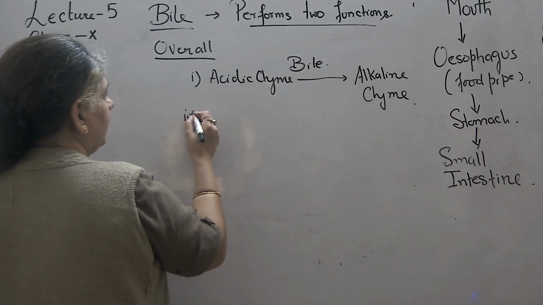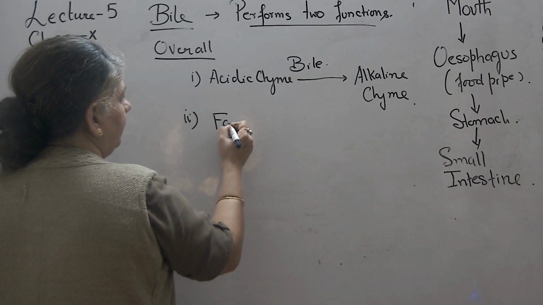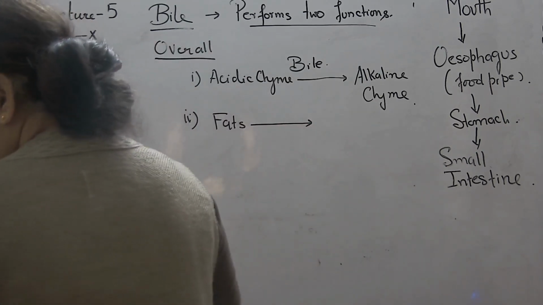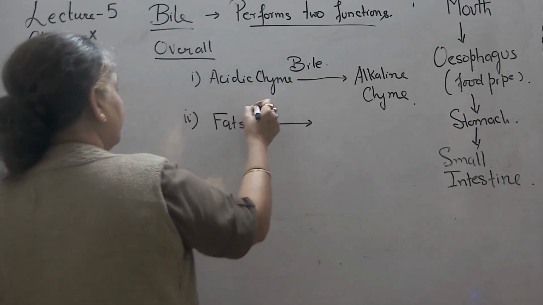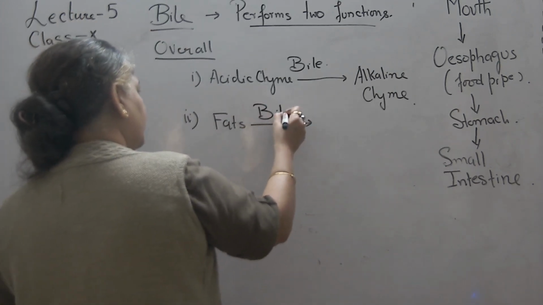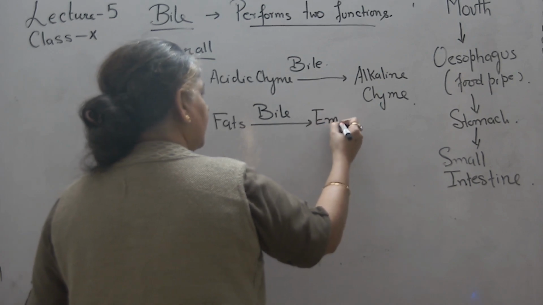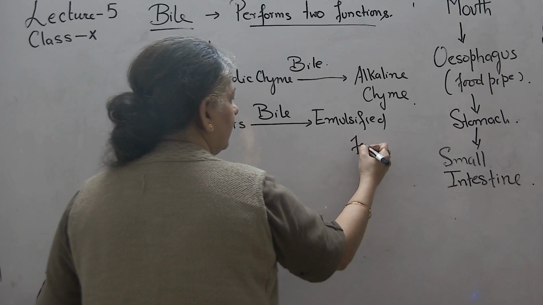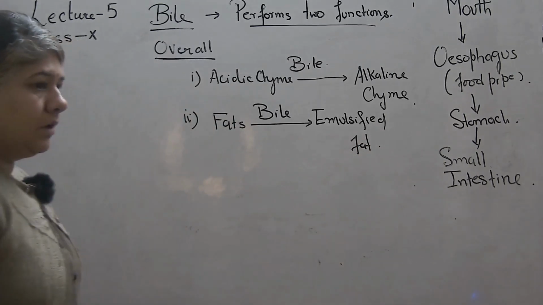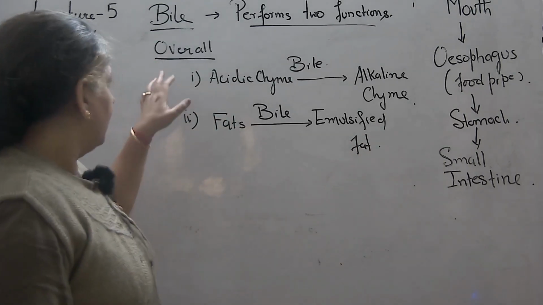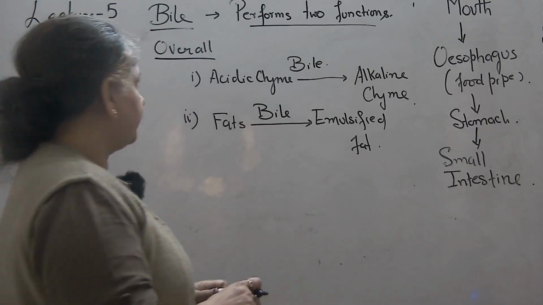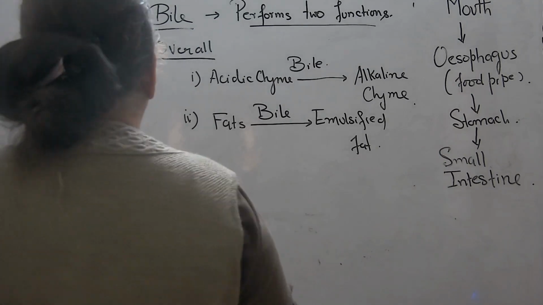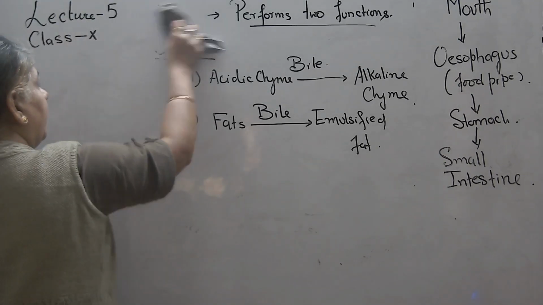Next, fats are converted into emulsified fat. So this is overall, you can write in short. Okay, now we'll see what is the role of pancreas.